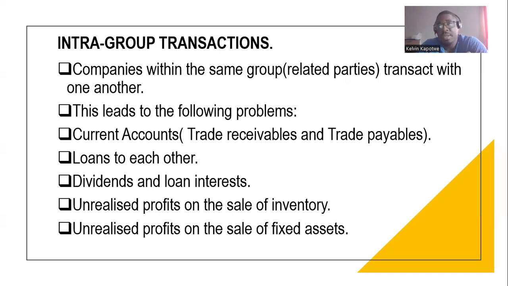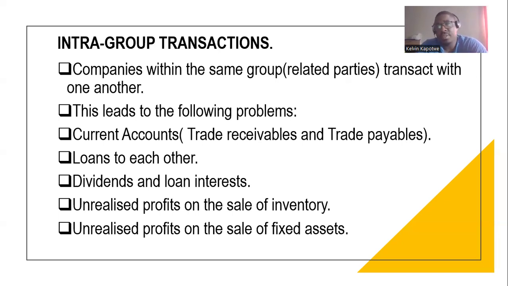But at the end of the year, when you're preparing your books, you find that part of this inventory, part of these goods, are still in stock. So if they are still in stock, there's an aspect of unrealized profit on that stock that is remaining. So that unrealized profit should be cancelled at consolidation. So that is what we are talking about there: the unrealized profits on the sale of inventory.